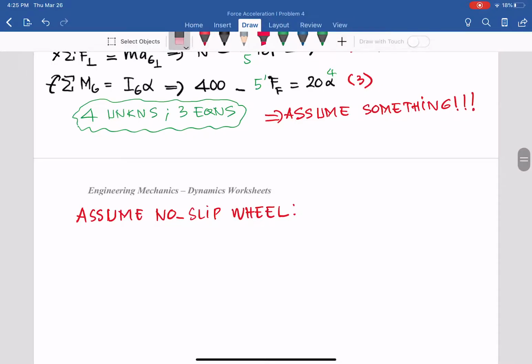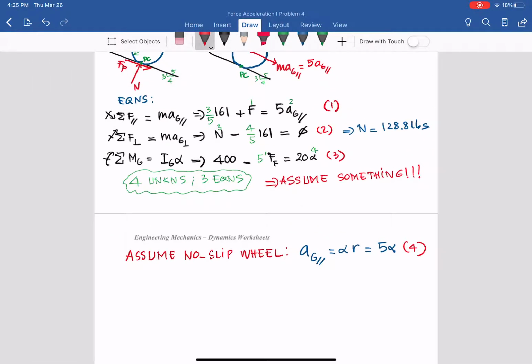So the acceleration at G, in this case parallel axis, equals alpha r. R in this case is 5, so it will be 5 alpha. Let's call that equation 4. And then we can plug equation 4 into number 1 and combine with equation number 3 so you can solve this problem.